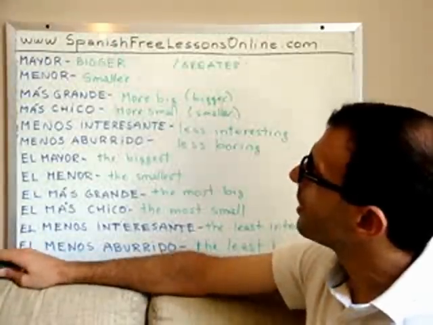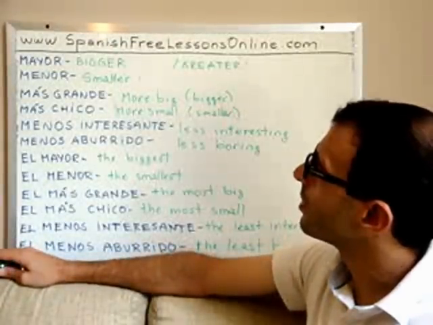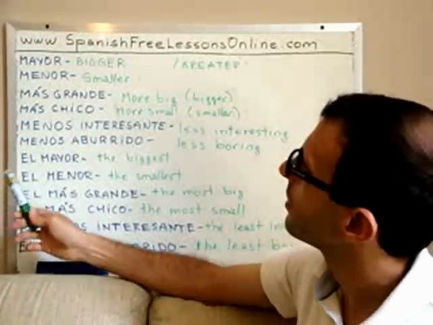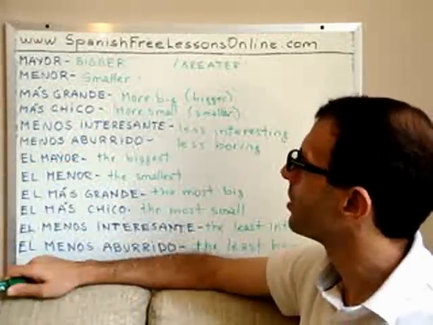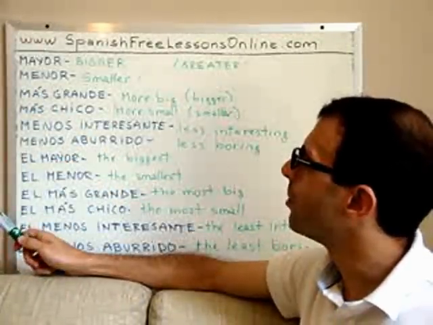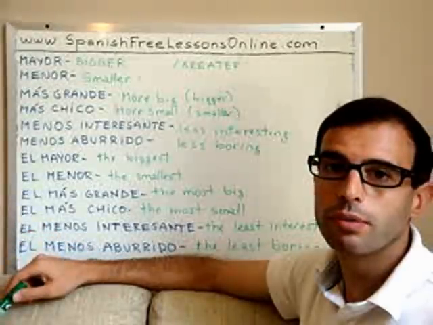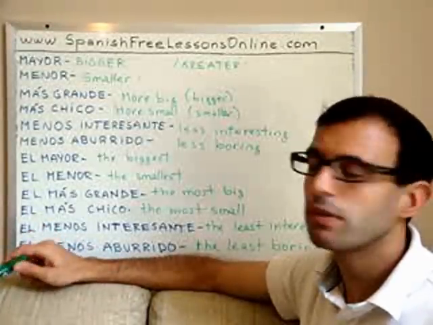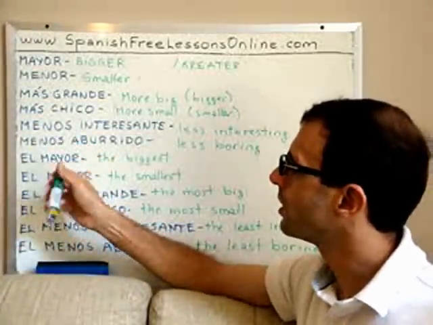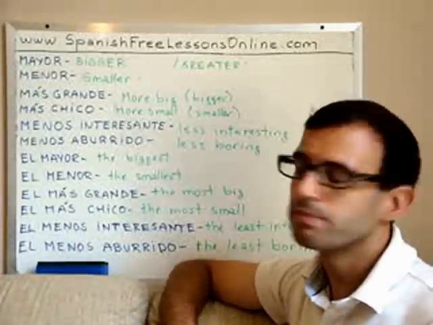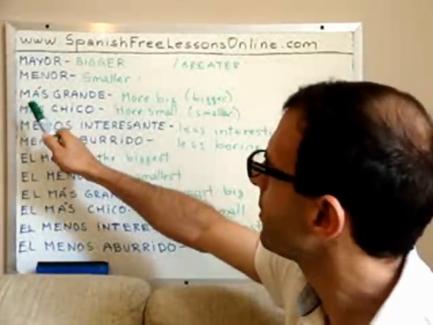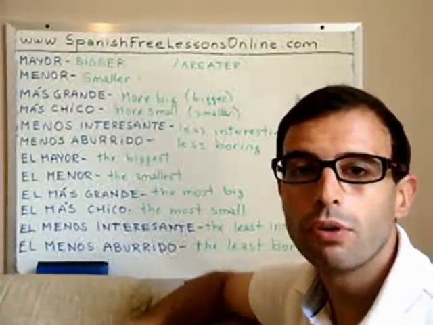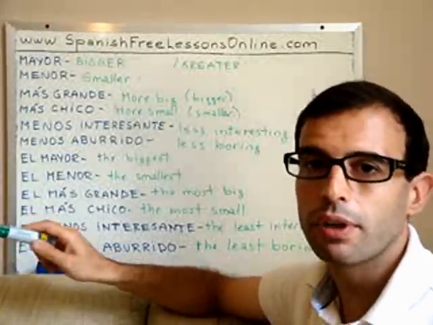Now, also you can use to compare two things, más and menos. This would be more and minus, okay? More and minus. These words in Spanish are very essential here. For example, you would use más or menos followed by any adjective, okay?